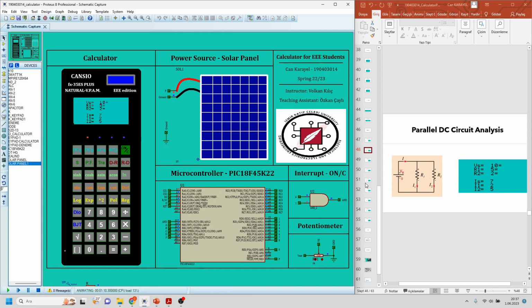As we expected, we found the source current as 7 ampere, I1 as 2 ampere, and I2 as 5 ampere.